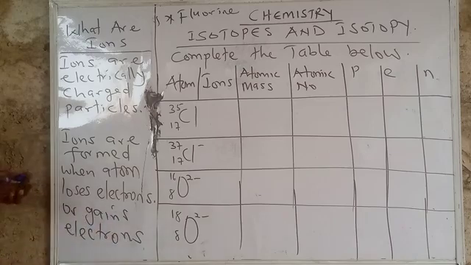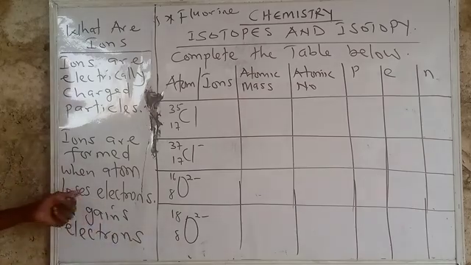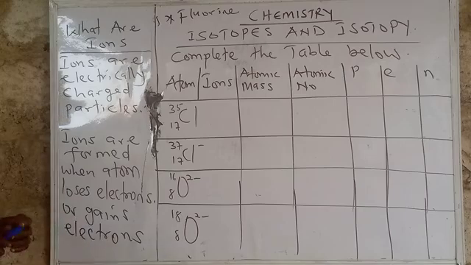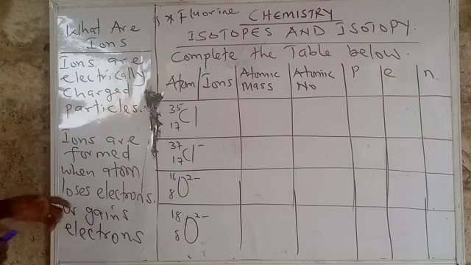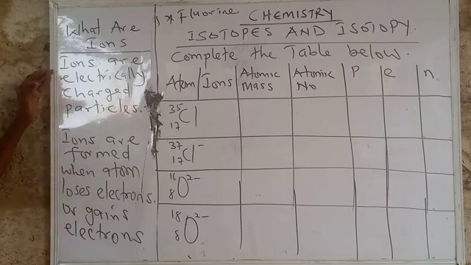So take note, ions can be formed when electrons are lost or when electrons are gained. When electrons are lost, the ion that will be formed will be a positive ion. But when electrons are gained, the ions that will be formed will be negative. So as you have it, ions are electrically charged particles.